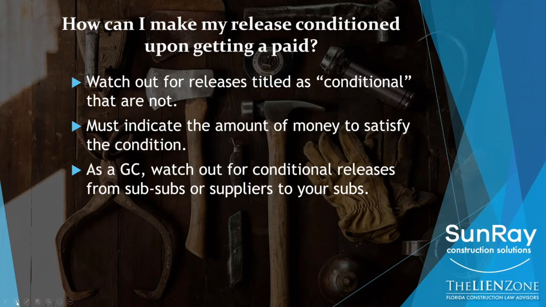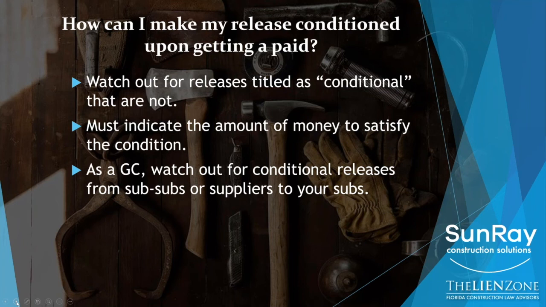So it's possible that if the subcontractor does not pay that supplier, I have a release that's now conditioned and therefore worthless. And that supplier could put a lien on the property, or make a claim on my payment bond. So how do I solve this problem as a general contractor?